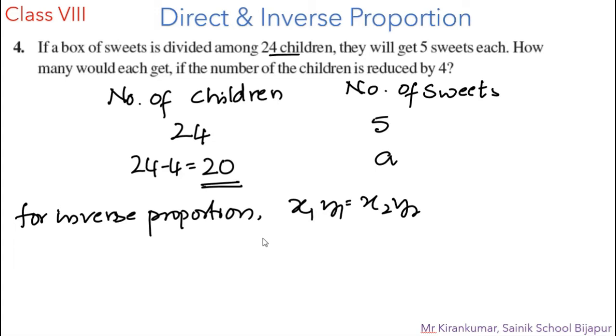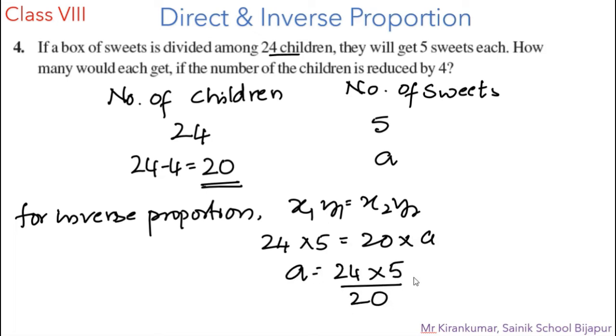So x1 y1 is 24 times 5, which is equal to 20 times A. So A will be 24 into 5 divided by 20. 5 4s are 20, 4 6s are 24. We get A as 6. So each one will be getting 6 sweets.